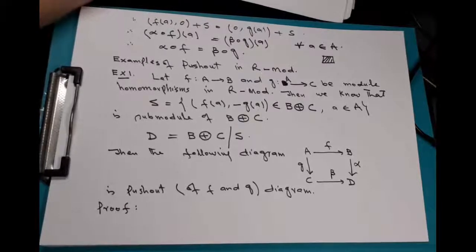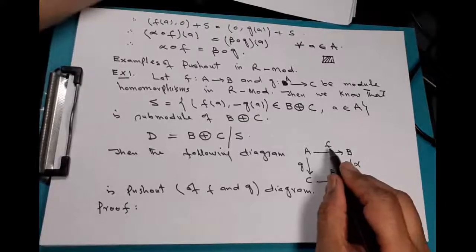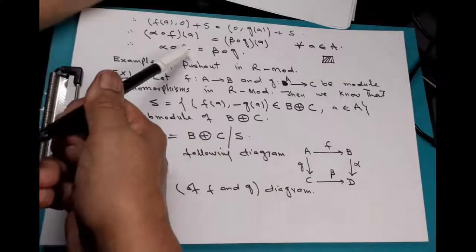In order to prove that this is a push out diagram, first of all we have to show that alpha composed with F is equal to beta composed with G, and we have already seen this.